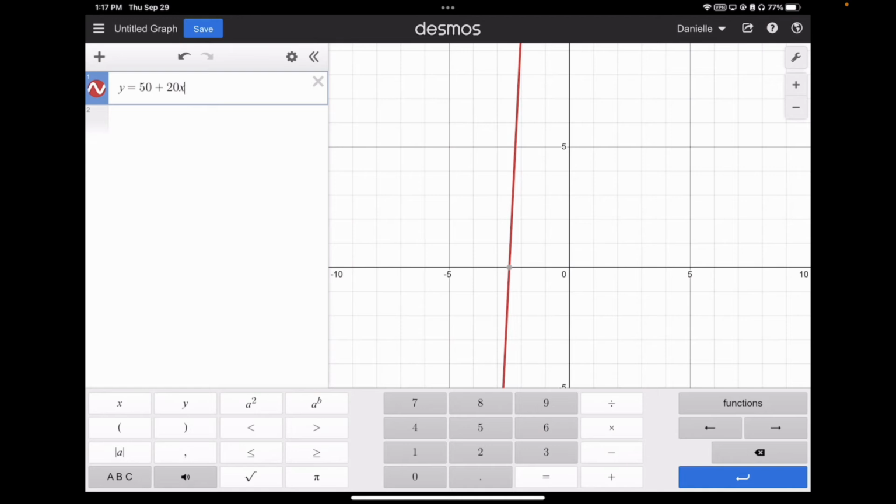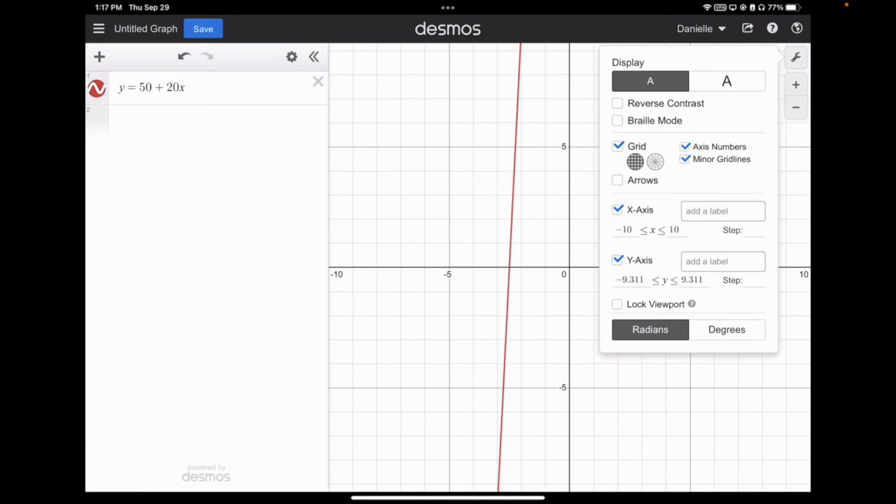So if you just enter those numbers, you get this kind of graph, and it's like, oh, great, I can't really see anything. Now, I film these videos on my tablet, so it is touchscreen. If you're not using something that's touchscreen, you can use the little wrench tool over here, and then you'll see that it says x-axis and y-axis, and you can change those numbers.